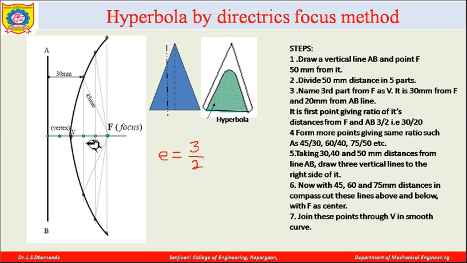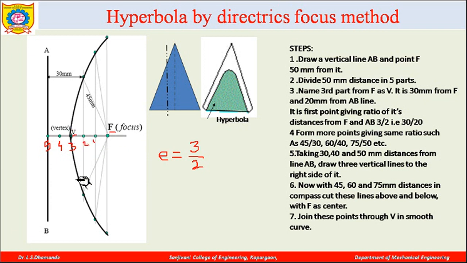I am marking this line AB here and I have marked this point F over here, the focus point. So this is my first division, second division, then the third, then fourth and the fifth. So like this you are getting the 5 divisions of this line. Now name the third part from this F as V. So this V is noted here.